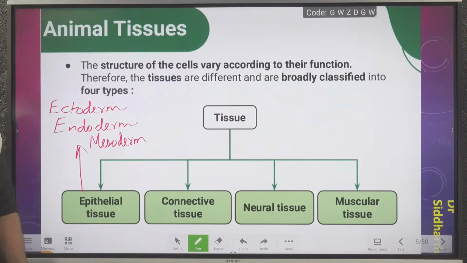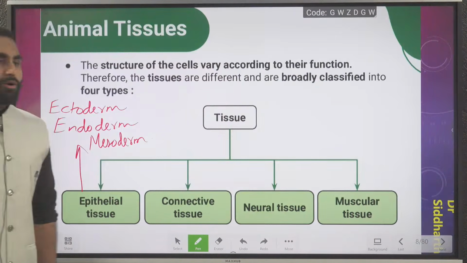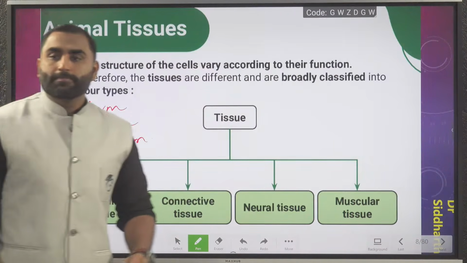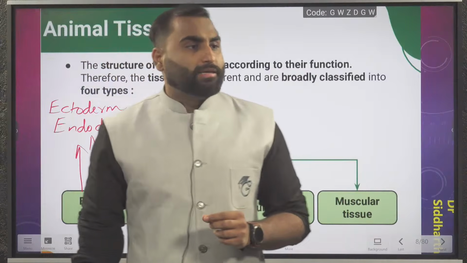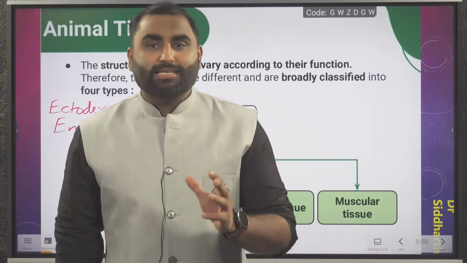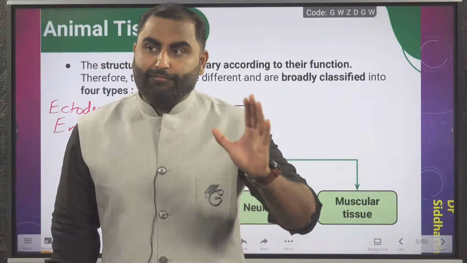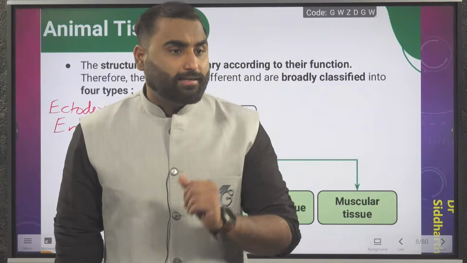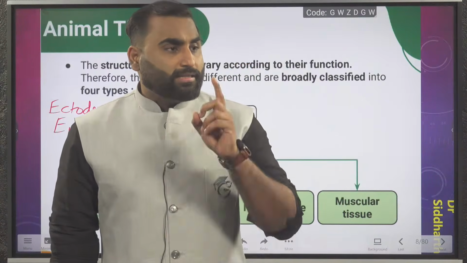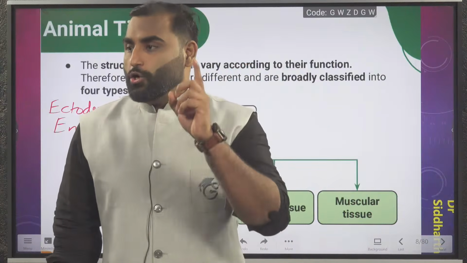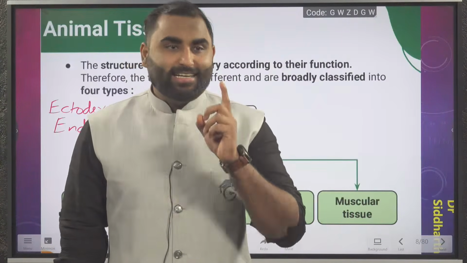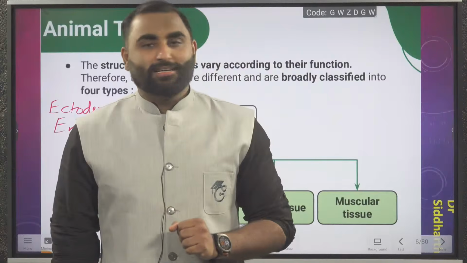What about connective tissue? Is connective tissue also derived from all the germ layers? Connective tissue is only and only derived from mesoderm germ layer.